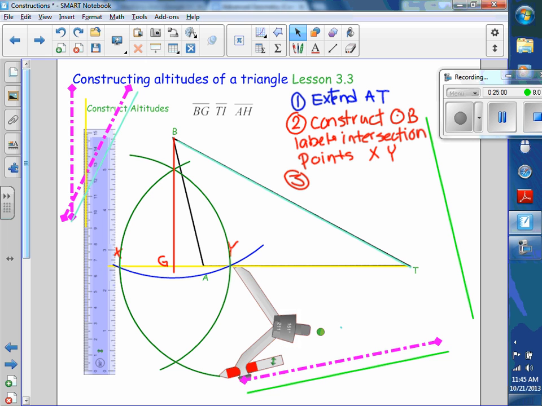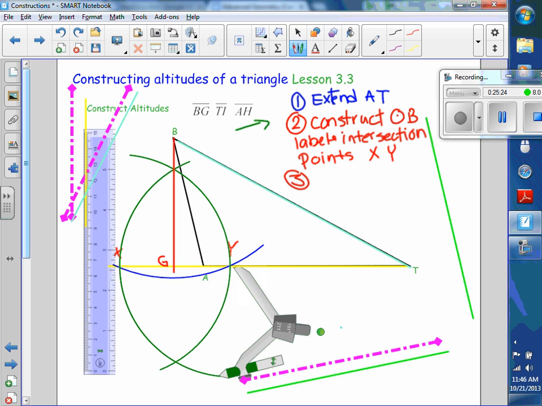Okay, so if I wanted to do a second altitude, I would just put my compass and construct circle A instead. You do the same thing from any vertex.